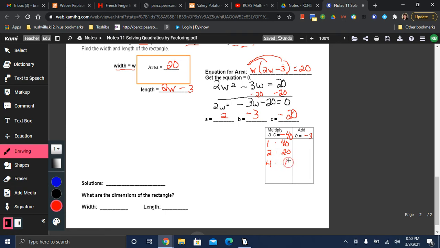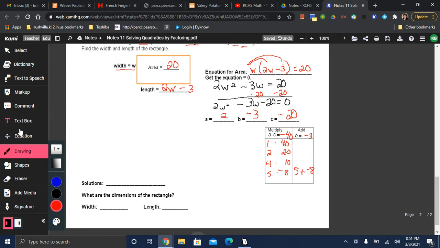I have 4 times 10. Still not getting negative 3. 5 times 8. Now, if I make one of these two negative, and it needs to be the larger one, if I make the 8 negative, 5 times negative 8 will give me negative 40, and 5 plus negative 8 will give me the negative 3 that I need.